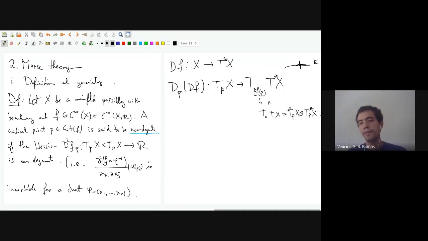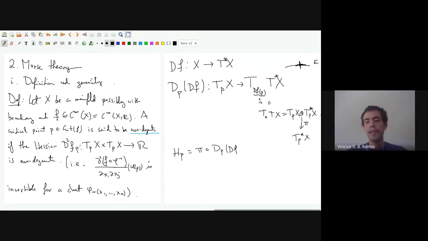And then you can naturally project this to the cotangent bundle, and this map from T_P X to T_P star of X is the Hessian. So the Hessian you can think of as being the projection composed with this D_P of df.